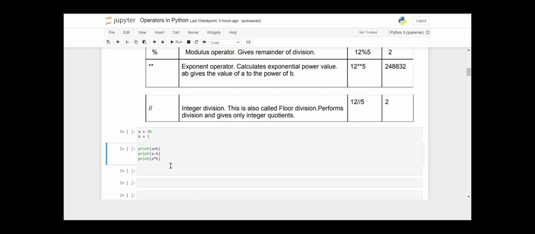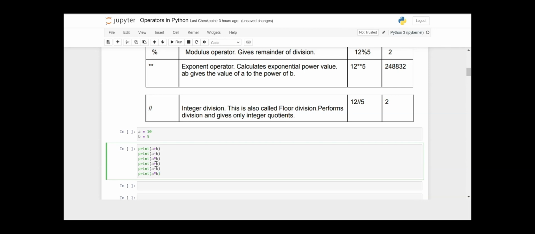So we have done multiplication, division, modulus, and floor division. There's one more left, that is exponent.